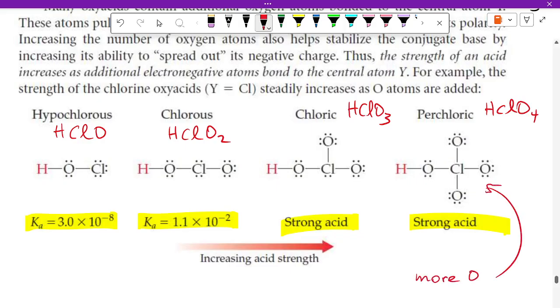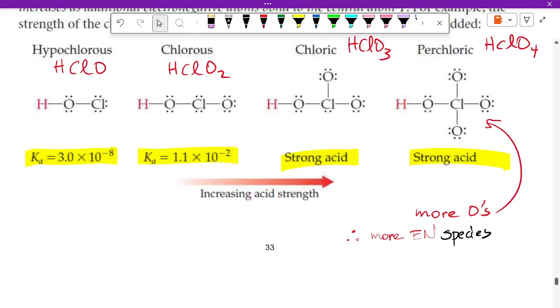More oxygens, therefore, there are more electronegative species in the conjugate base. And therefore, the conjugate base is more stable.